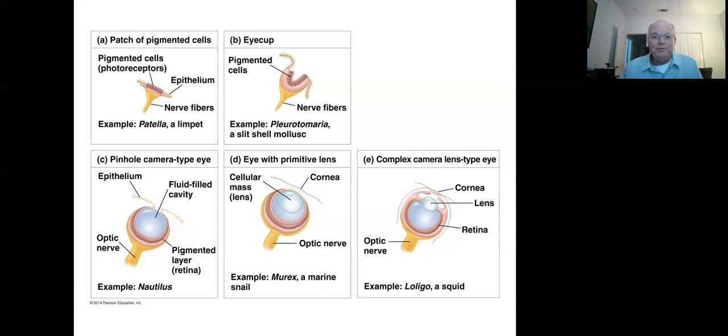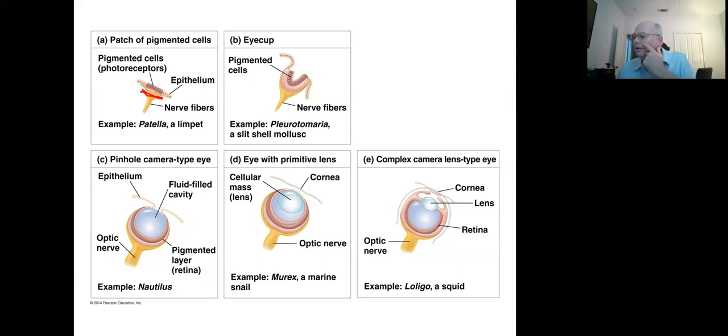If there's light present, the assumption is there are no predators. In the presence of shadow, could be a potential predator, so the limpet simply sucks itself down onto the rocks and holds on very tightly with its muscular foot. And so all it needs is a layer of light detecting cells that can detect the presence or absence of light. And so that's what they have.